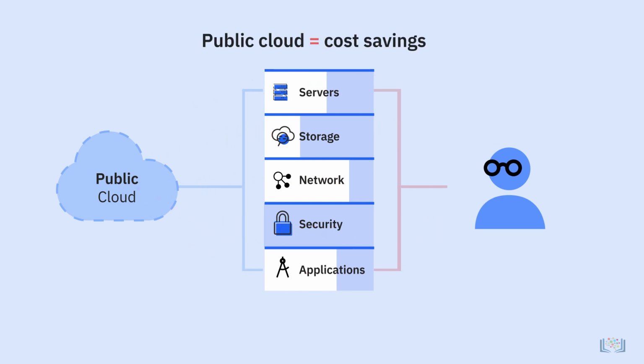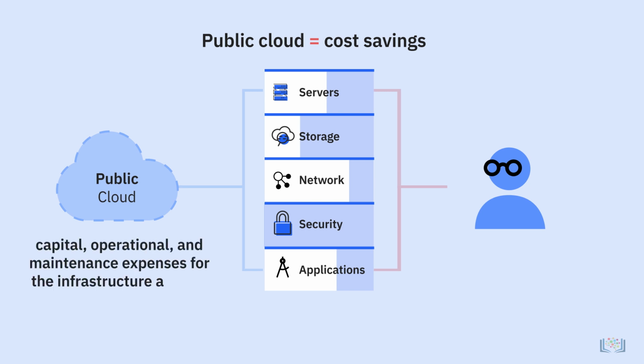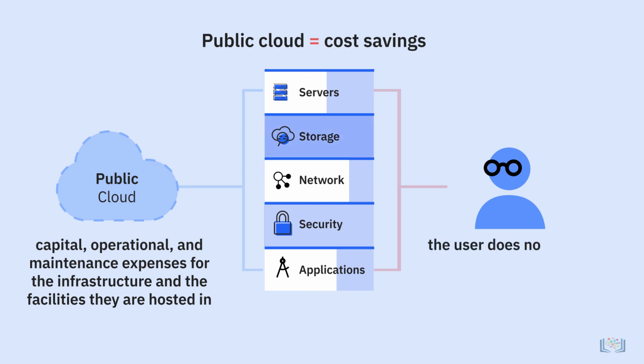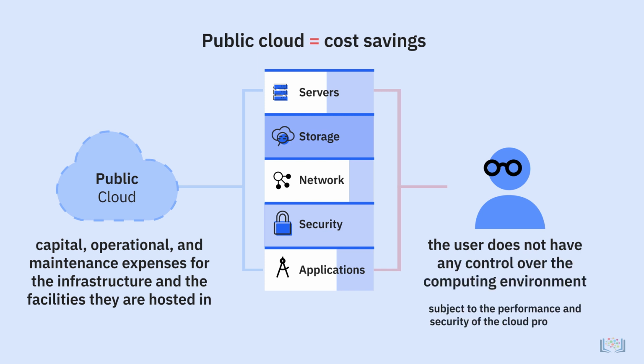Public clouds offer significant cost savings as the provider bears all the capital, operational, and maintenance expenses for the infrastructure and the facilities they are hosted in. It makes scalability as easy as requesting more capacity. However, with a public cloud, the user does not have any control over the computing environment and is subject to the performance and security of the cloud provider's infrastructure.